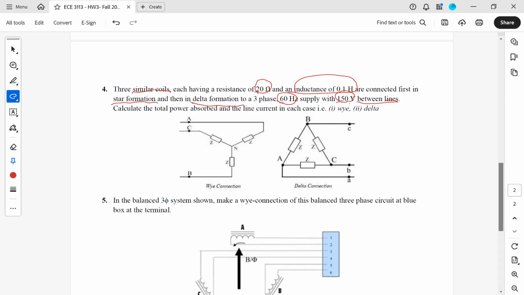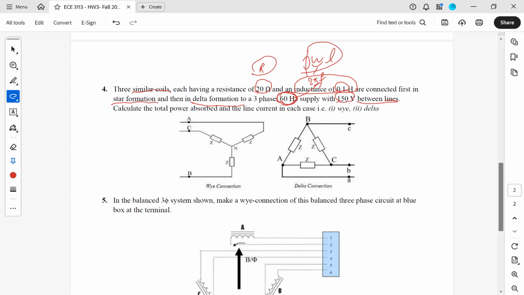Now, we have the frequency. First, you have to determine the impedances. We know the resistive part, but for the reactance part, we have the inductance and we have the frequency, so it's j omega L, which is 2 pi f, and f is given, L is given, so you can calculate the reactance part.